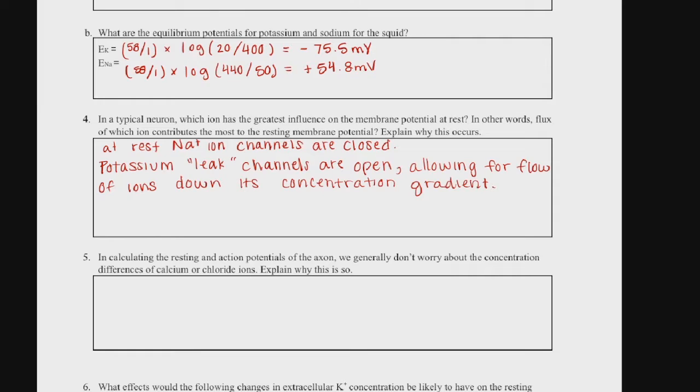But we are not concerned with calcium or chloride because the neuron membrane is impermeable to these under normal conditions.